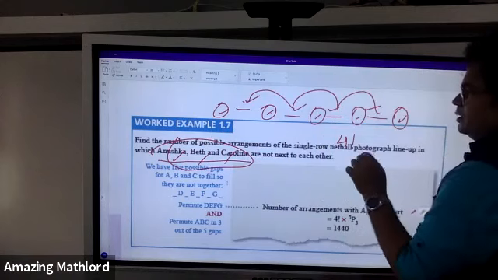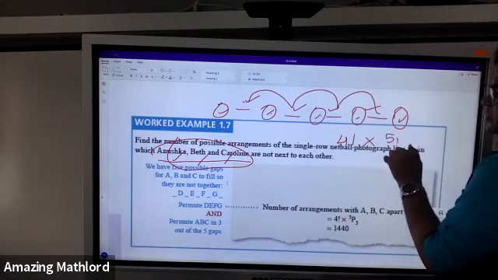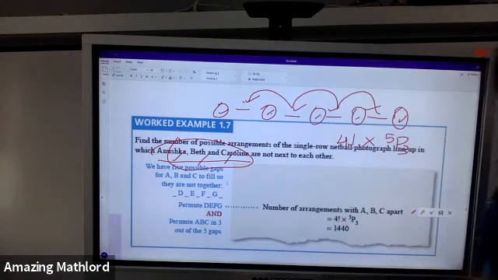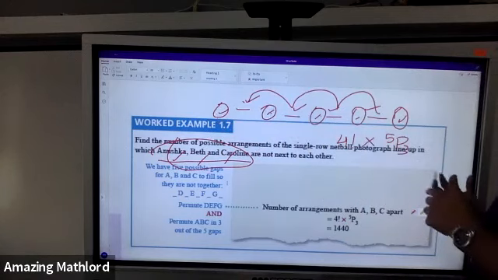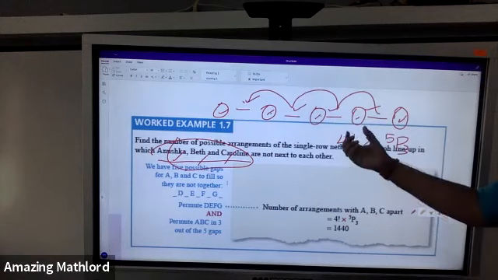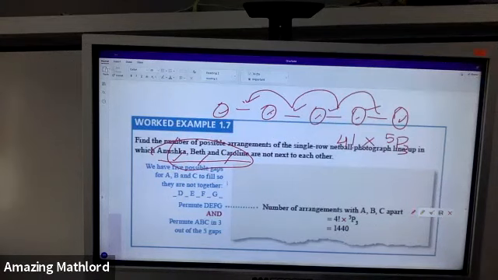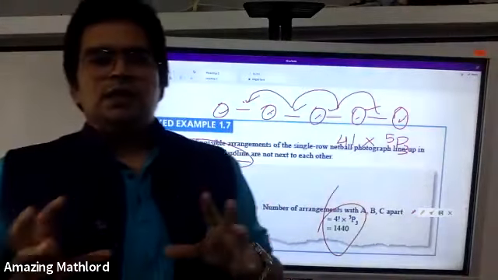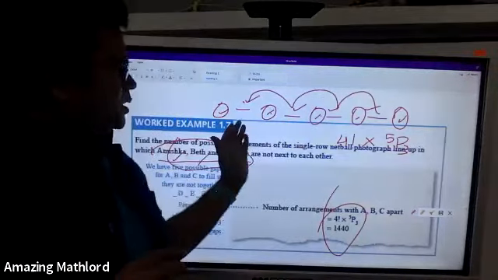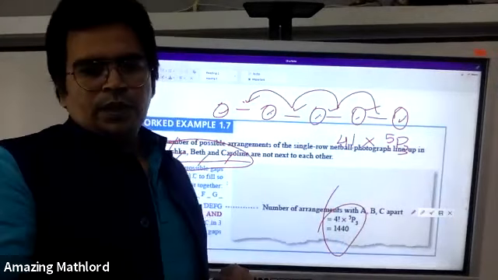That is nothing but 5P3, or you can say 5, 4, and 3. So this is the net arrangement, and you can see the answer is 1440. In these arrangements, these people will not sit next to each other.